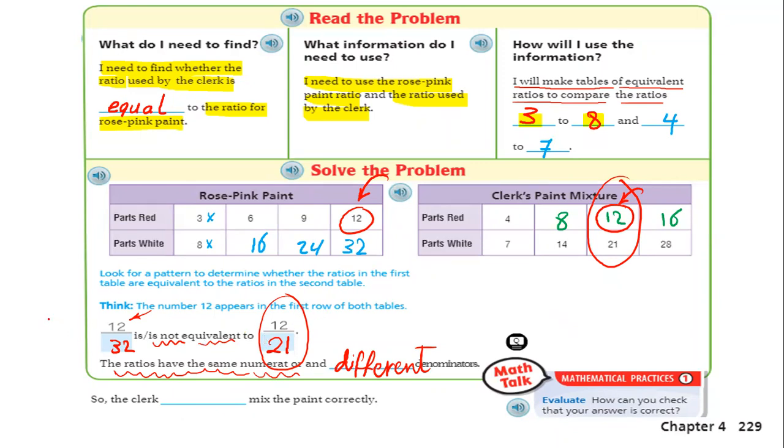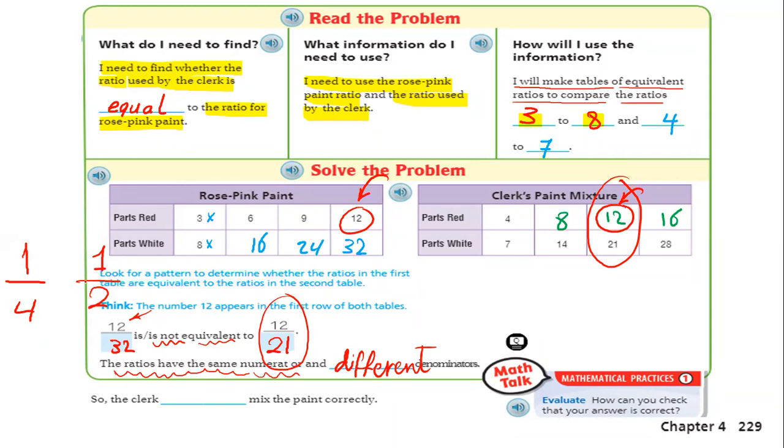Let me give you a simple example. If you have one pizza and you need to distribute it among 4 students, everyone will take 1/4. Am I right? You have the same pizza, and you need to distribute it to 2 students. Everyone will take 1/2.